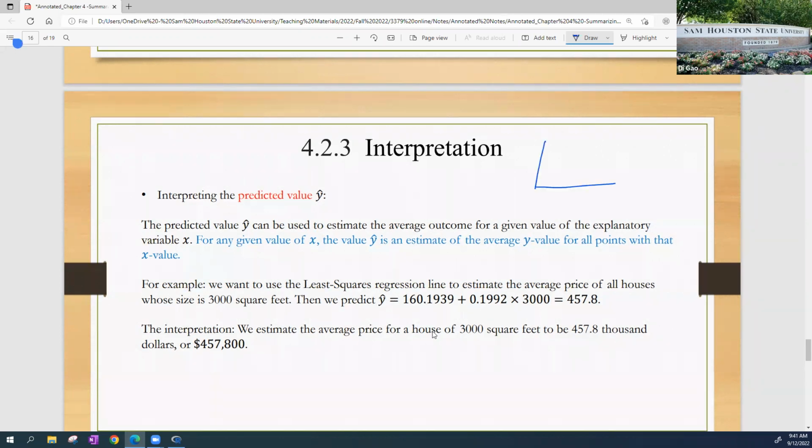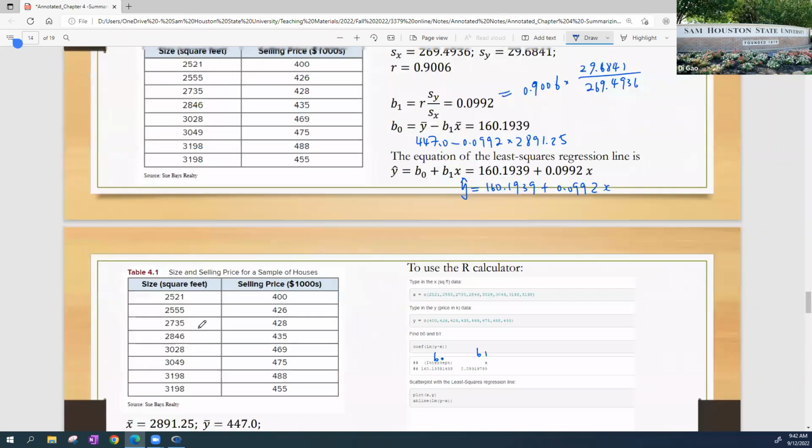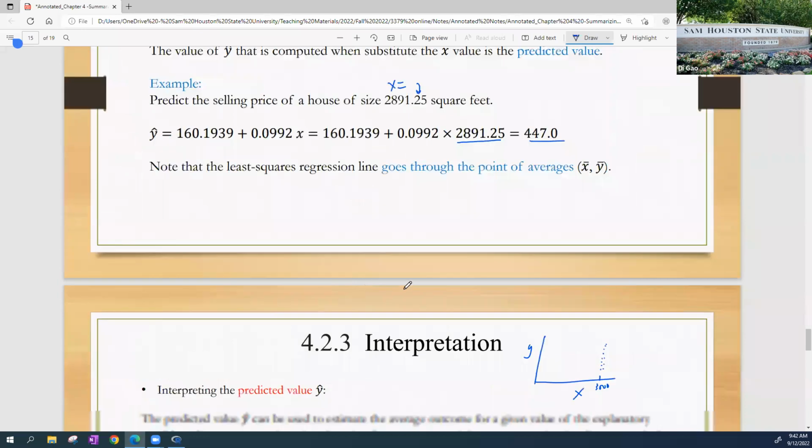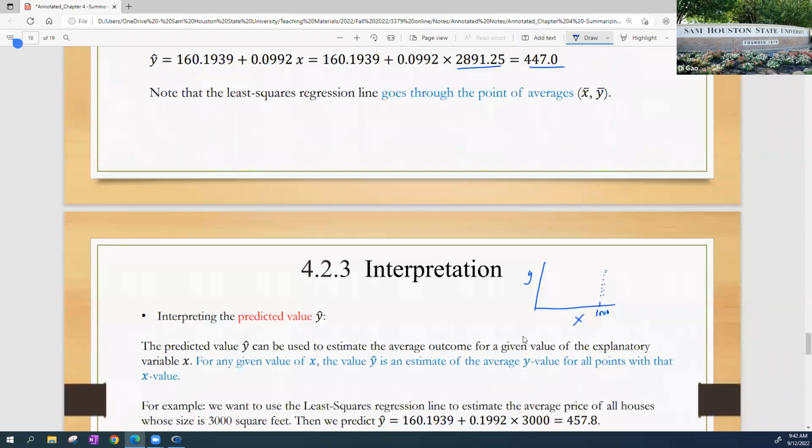So if we draw a scatter plot, let's say this is 3,000. That means we have some data here. In this example, we only have n equals 8, 8 pairs of data. But when we have more data, it's possible that you have multiple points at this 3,000 level.